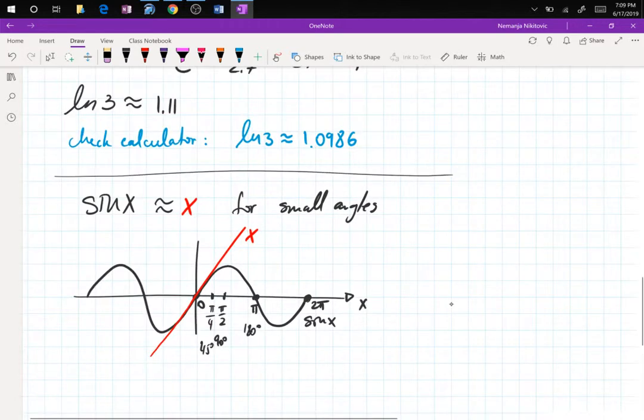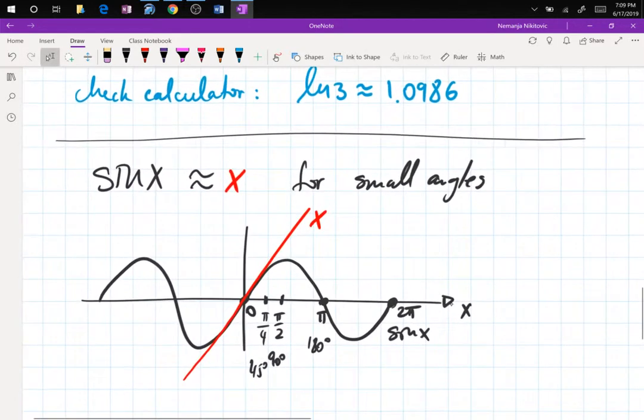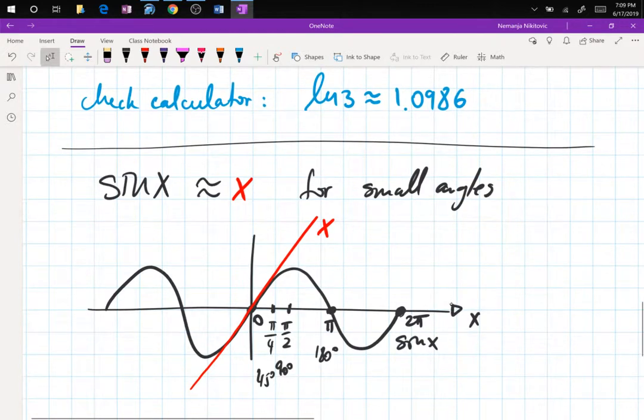So when you run into physics, your professor says, we are going to approximate sine x with x for small angles. Yeah, it's going to work for 11 degrees and 15 degrees and 20 degrees, maybe 30 degrees, okay. But it's not going to work for angles bigger than 30 because the error is going to be big.